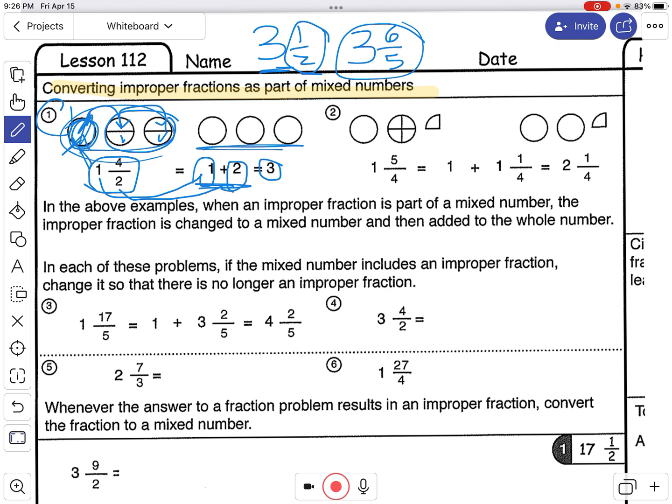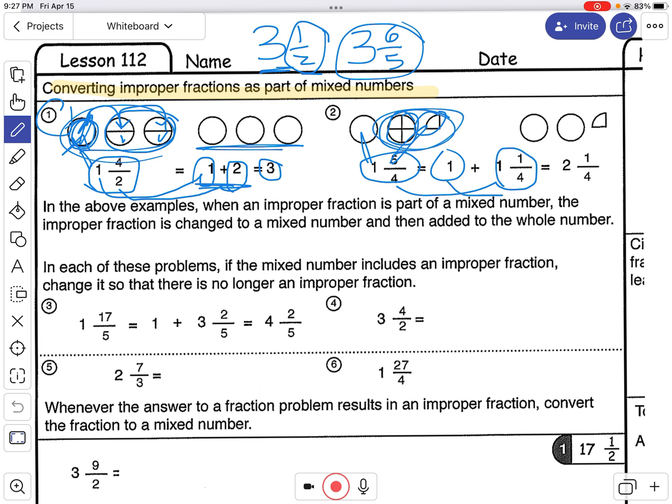All right, let's take a look at another example. Here's 1 5/4. How do I convert that? Well, 1 is equal to 1. We copy that. And then 5/4 is the same thing as 1 whole, 4/4, and 1 extra fourth, 5/4. And so we call 5/4 1 1/4, that you can see right here.